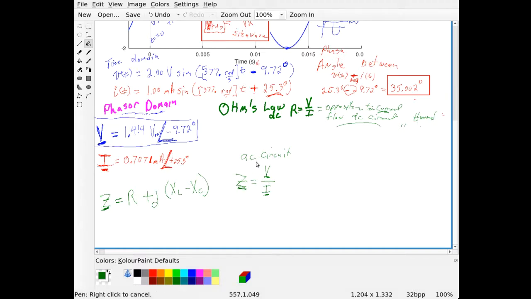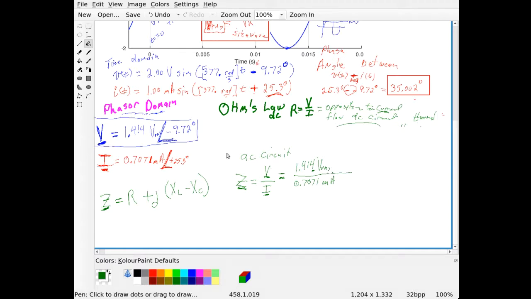Okay, so if I wanted to calculate the impedance, this impedance is the voltage, which is 1.414. And again, this is why we want to carry it out to multiple digits instead of stopping at 3 digits. 1.414 volts RMS divided by 0.7071 milliamperes.